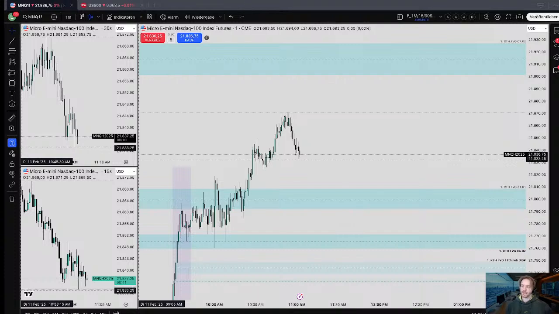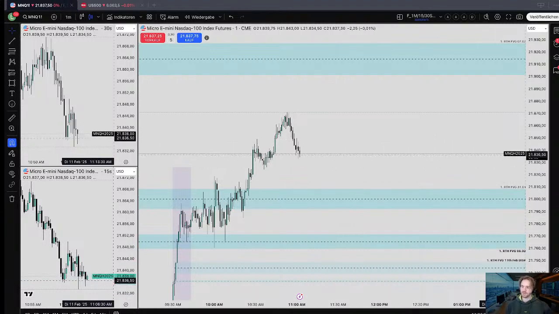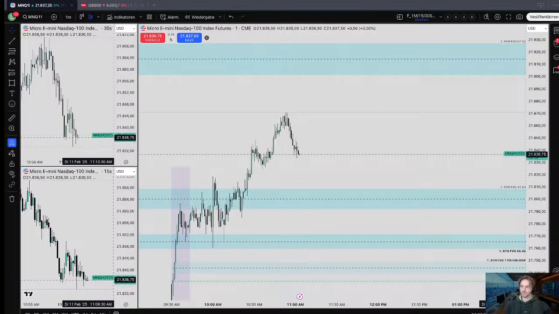It's dancing around the level of the CE. It's here from the bigger 15-minute fair value gap. Yeah, and also there is the new day opening gap high from today.